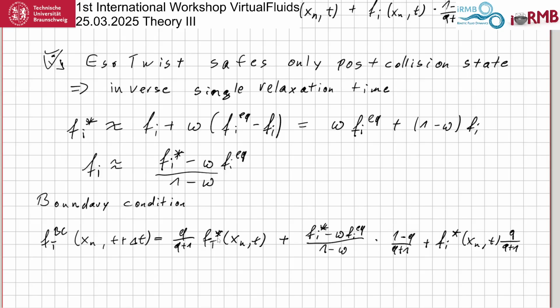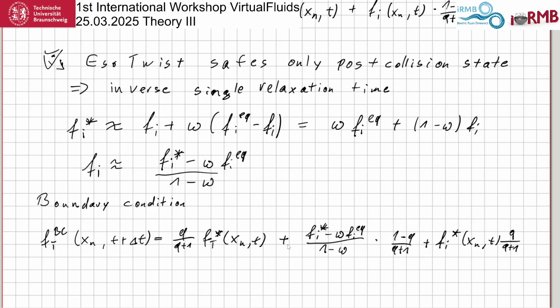So if you sum up these Q, would this actually make sense? Yes, this makes sense, because we have to add up 1 minus q plus q, which is 1, plus q divided by q plus 1. So yes, this makes sense.